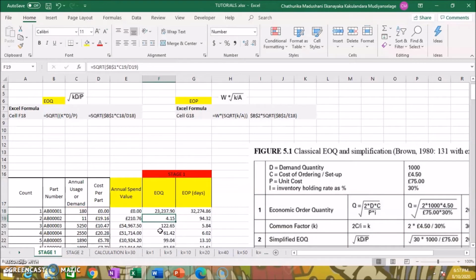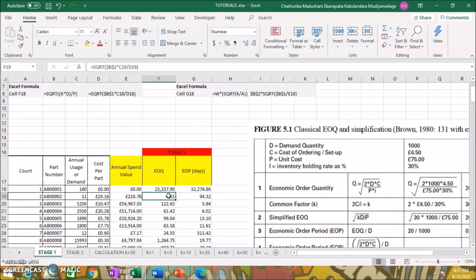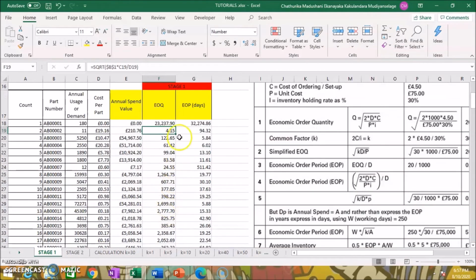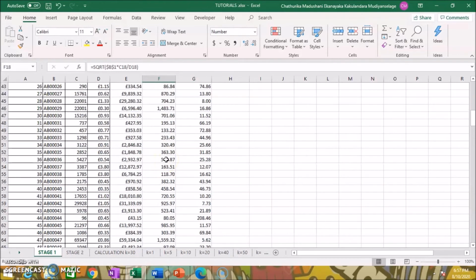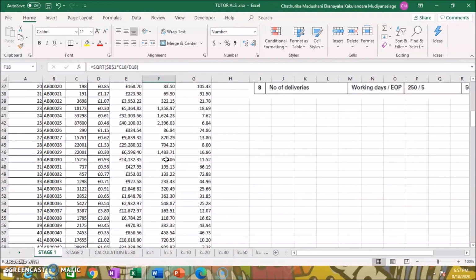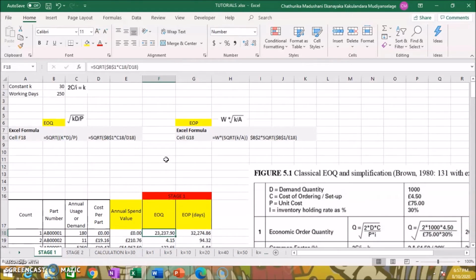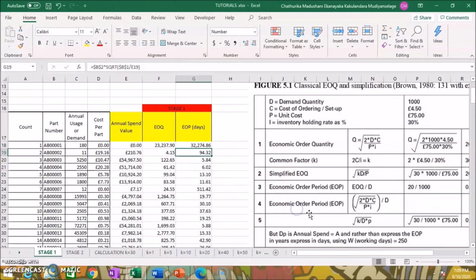So the same thing, you have to copy the formula for the 200 parts. So the next step is converting EOQ to EOP in days.